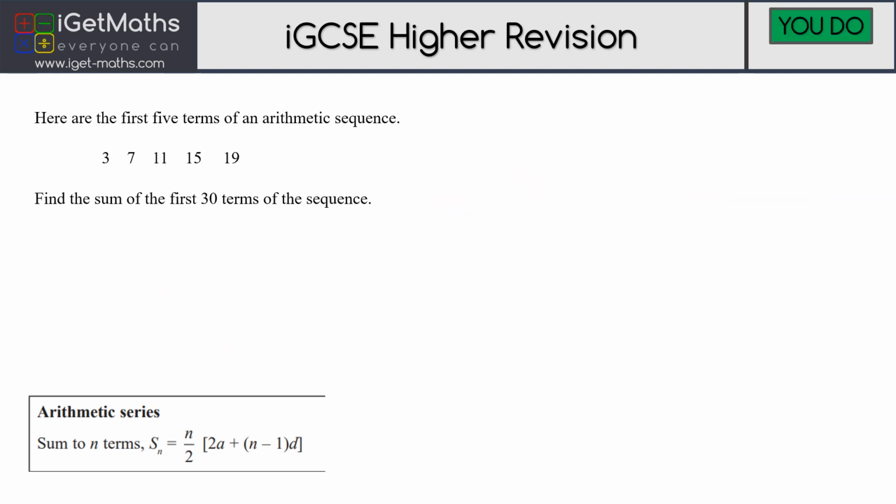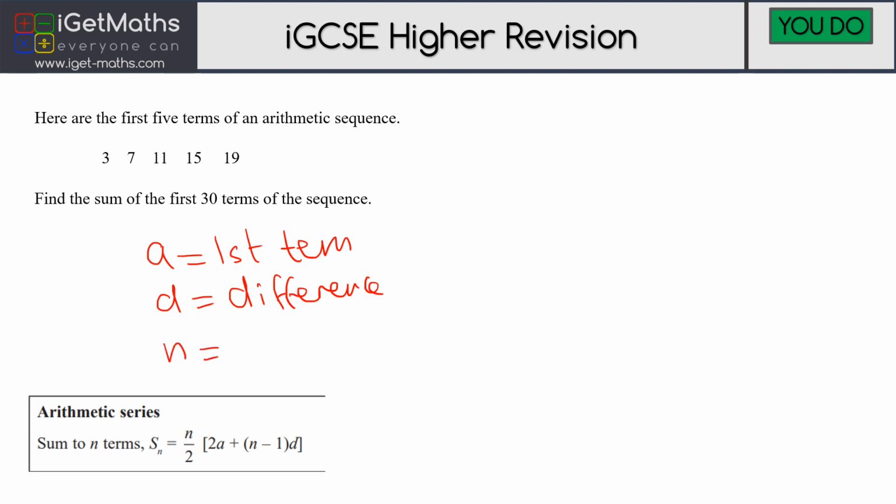So here are the first 5 terms of an arithmetic sequence: 3, 7, 11, 15, 19. Find the sum of the first 30 terms of the sequence. Remember, you've got the formula on the front sheet, and A equals your first term, D is your common difference, and N stands for what you're looking for, so the first 30 terms.